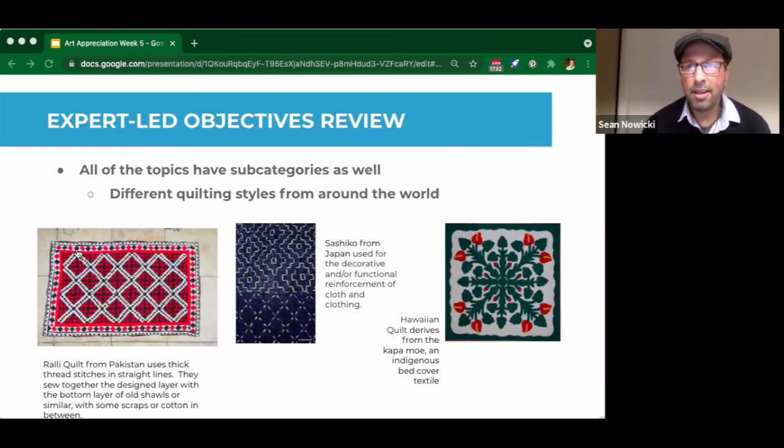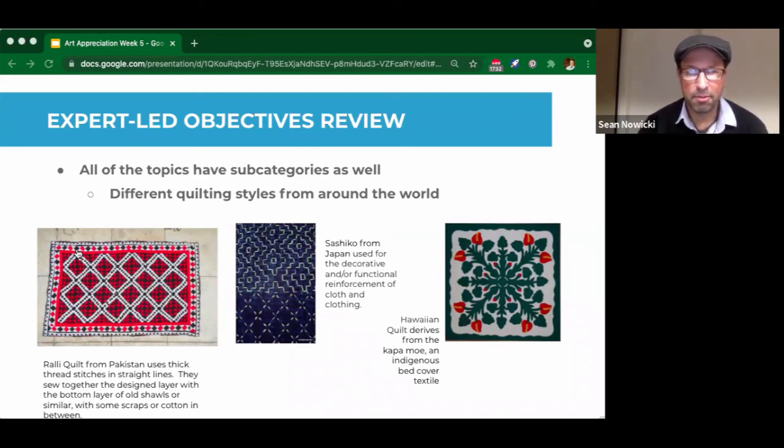And then you can also look at a similar thing, but how it plays out across the world. So you have three different versions of a quilt here, and they all have different reasons for existing, and they all have interesting stories.